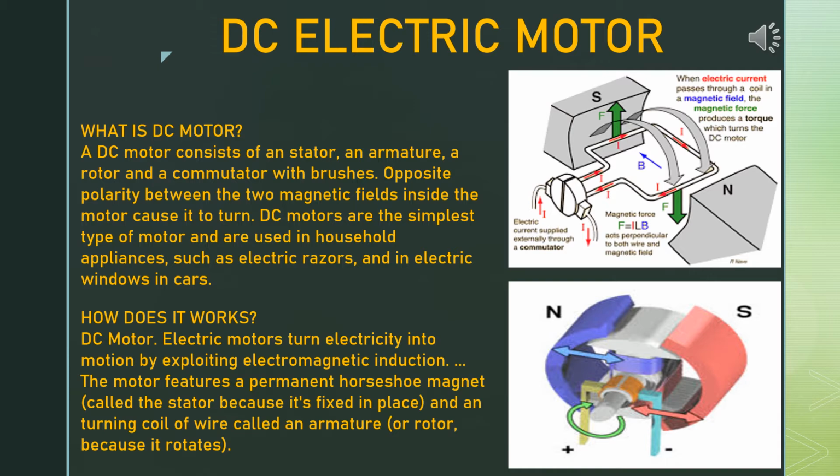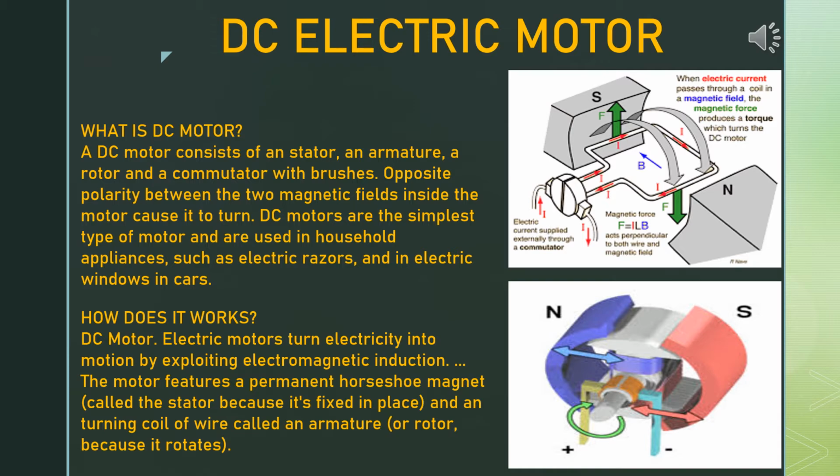The terminals of the armature are connected to the two halves of a copper split ring commutator. Two carbon brushes lightly touch the commutator by spring action. The brushes are connected to an electric cell or any other source of direct current.